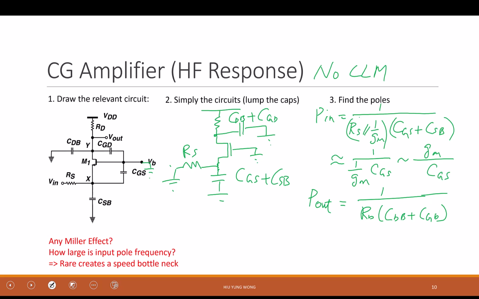Do you remember what CGD is? Let's take a look at the cross section of a transistor again. Yes. Very good. It is the tiny overlap between the gate and drain, so it is small.